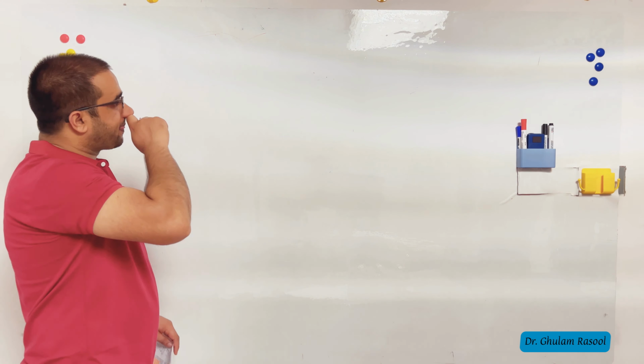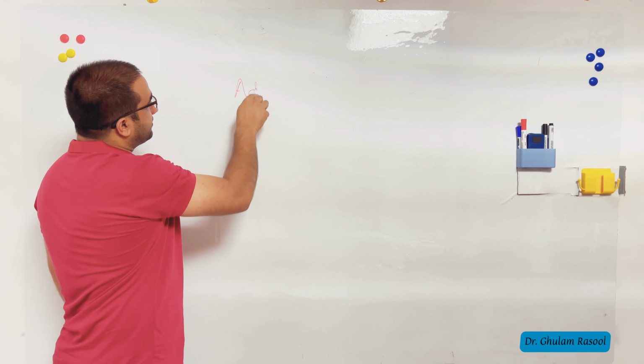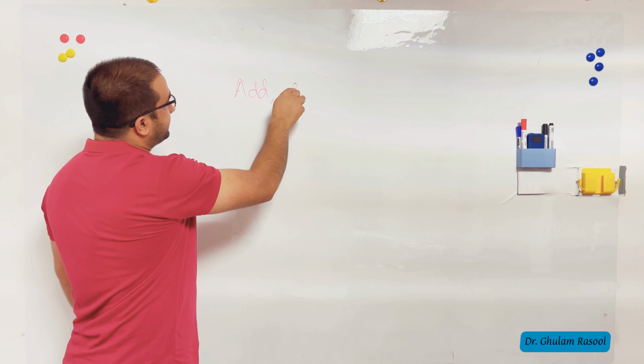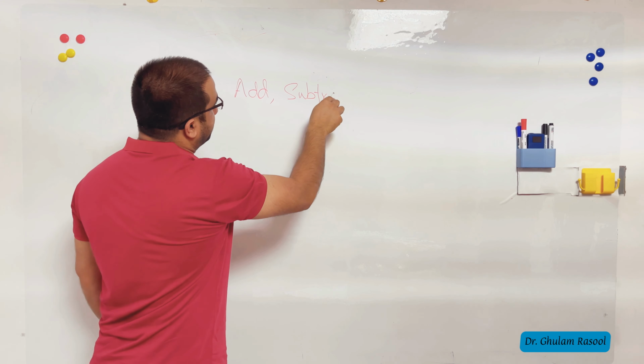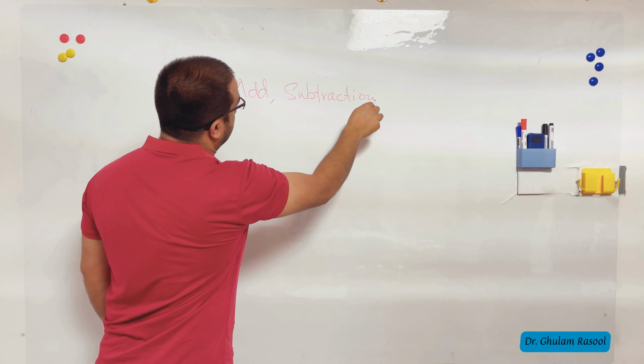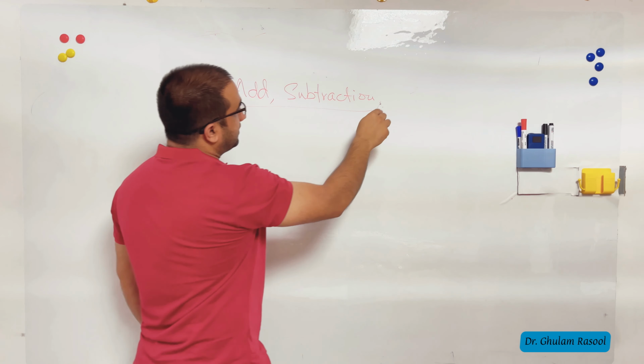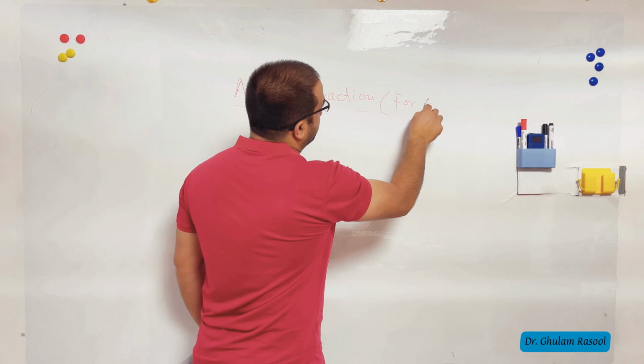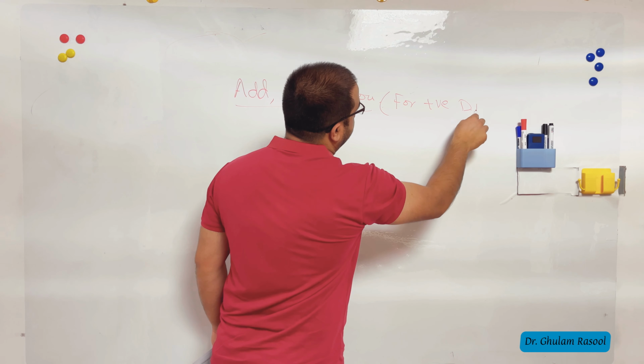So far we have done addition and subtraction in binary. We have done this already for positive decimal numbers.